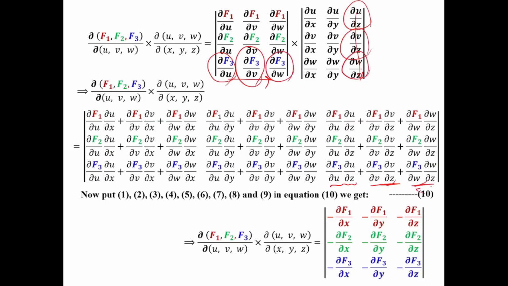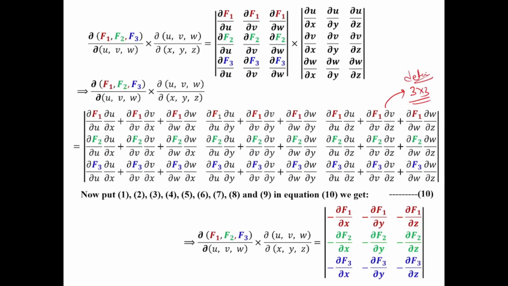Okay, this is also a 3 cross 3 determinant. A 3 cross 3 determinant has 9 elements: 1, 2, 3, 4, 5, 6, 7, 8, 9. Carefully write this in your note.